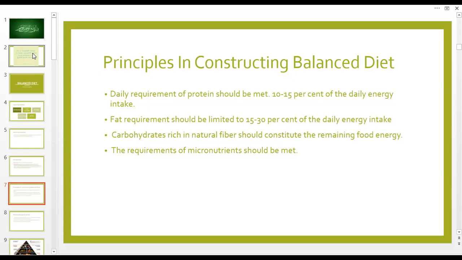Carbohydrates can be refined carbohydrates and unrefined or natural fiber. Carbohydrates rich in natural fiber should constitute the remaining food energy, and refined carbohydrates should be limited. And the requirement of micronutrients, which include the vitamins and minerals, should be met.